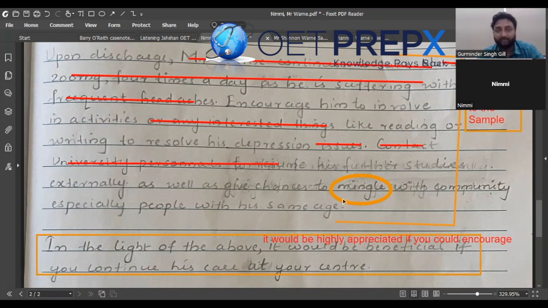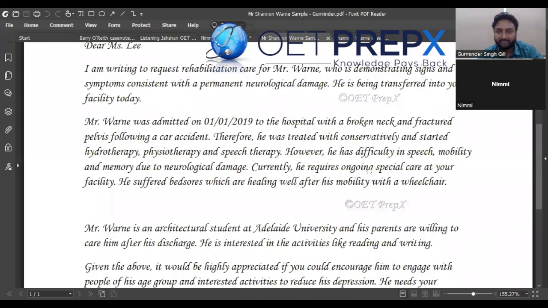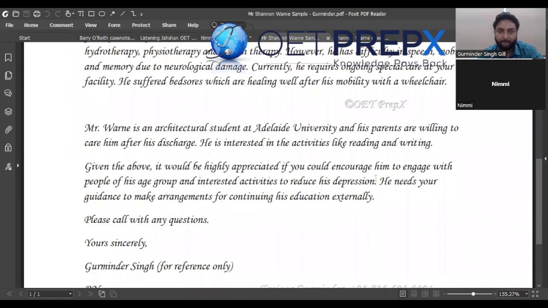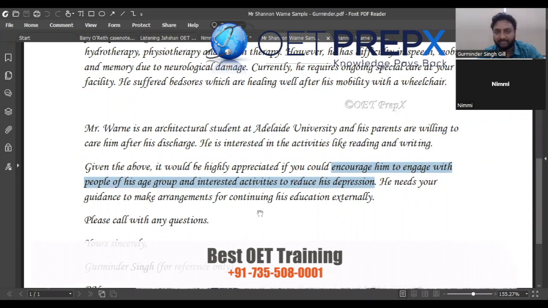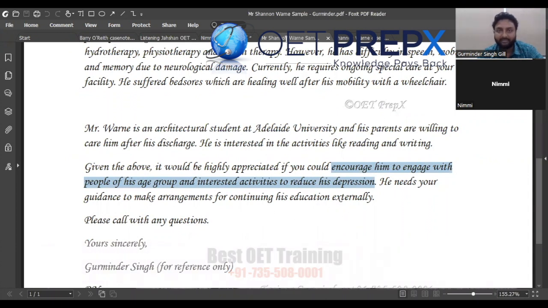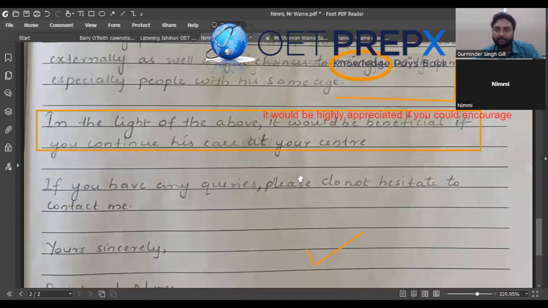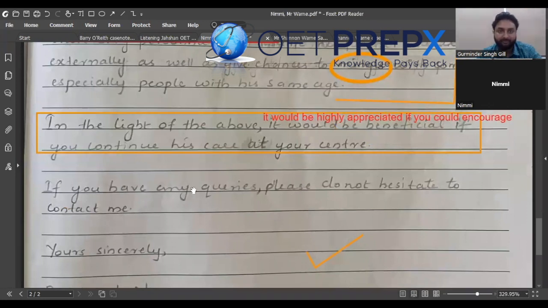There are some words we need to use very carefully, right? We should avoid this. Instead, we can write like you see in the sample letter we have written here: encourage him to engage with people of his own age group and in interesting activities to reduce depression. He needs your guidance to make arrangements for continuing his external education. Now, this is a way we can concisely mention the specific part here.